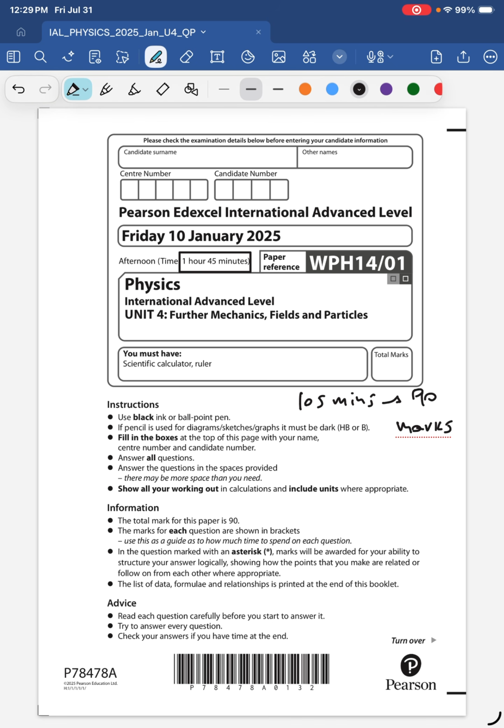Second thing, read the question thoroughly, make sure you understand what they're asking you to do. Half the answer is in the question, as I always say.